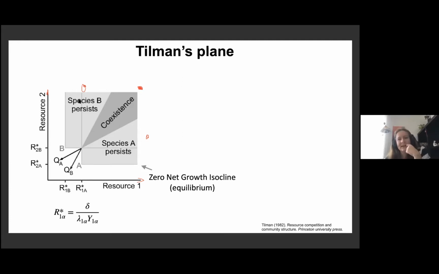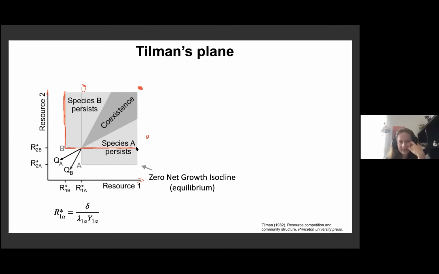But then if you have just one species, it will set some minimal concentration of resources, such that this is the most extreme value until which the resource will be depleted at a steady state.